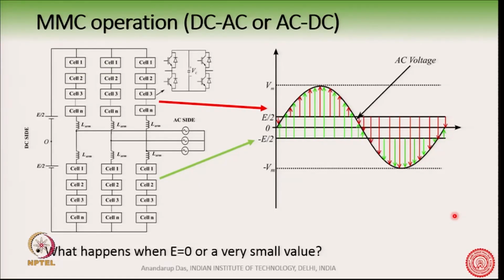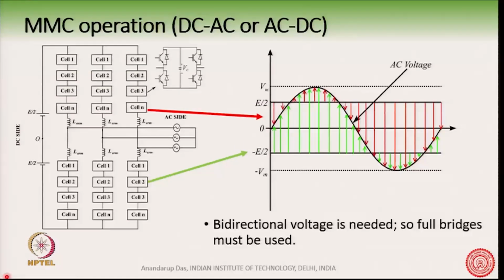What happens now? You see that the arrows are changing in magnitude. If you compare this waveform with this waveform, the positive magnitude of the arrow and the negative magnitude of the arrow were different in magnitudes and unequal.